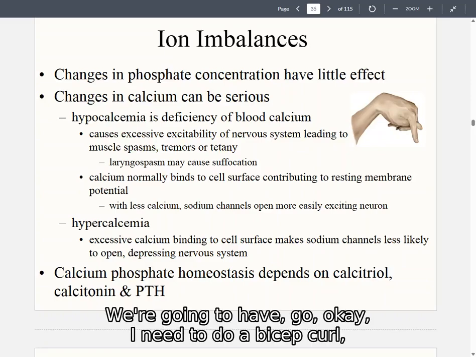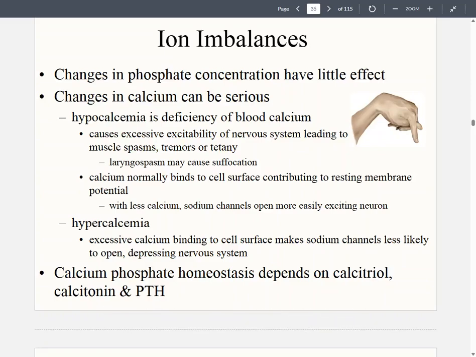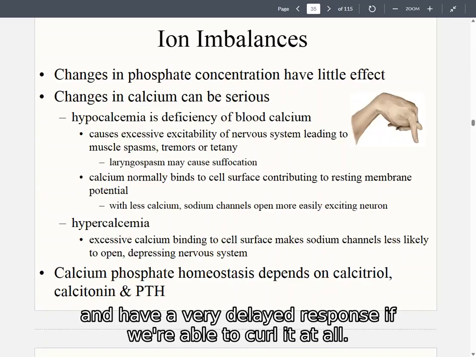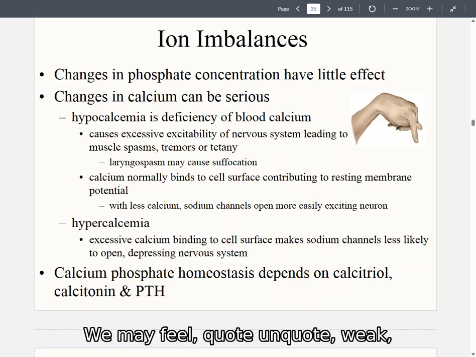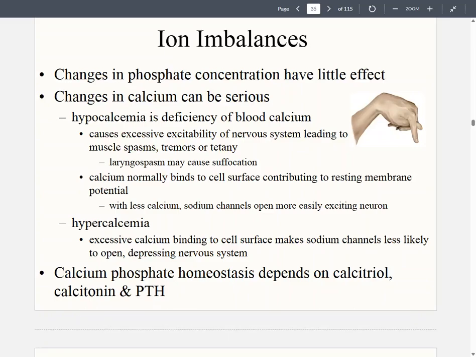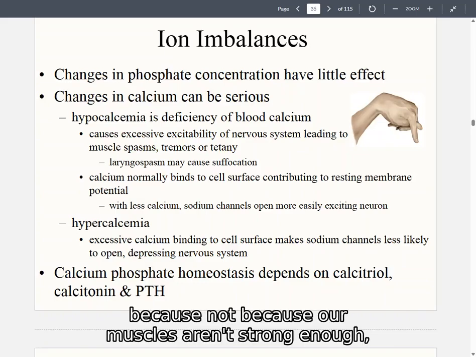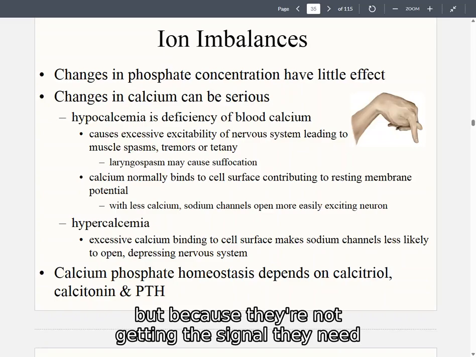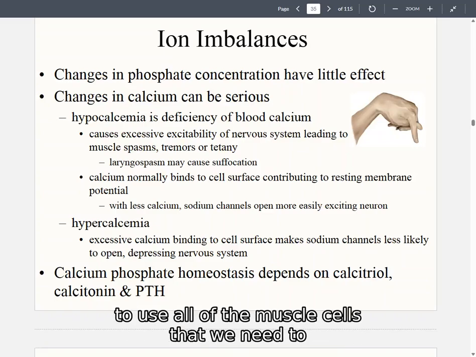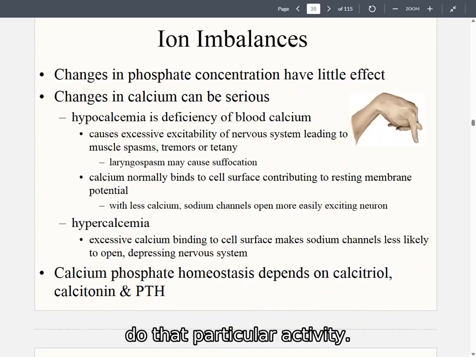Okay, I need to do a bicep curl, and have a very delayed response if we're able to curl it at all. We may feel, quote unquote, weak, not because our muscles aren't strong enough, but because they're not getting the signal they need to use all of the muscle cells that we need to do that particular activity.